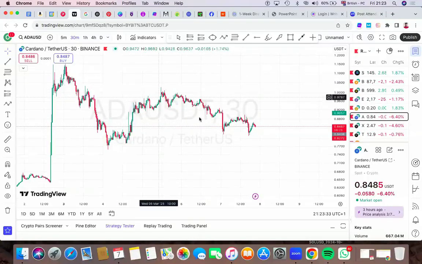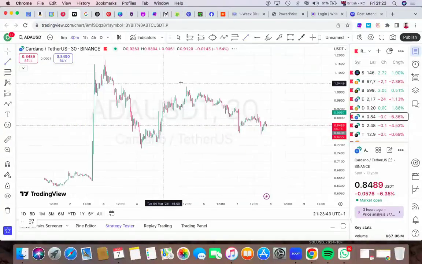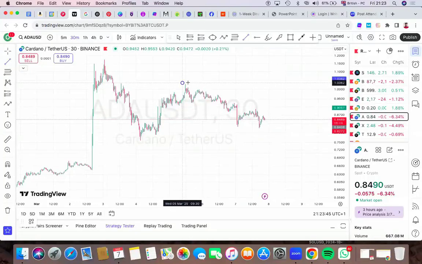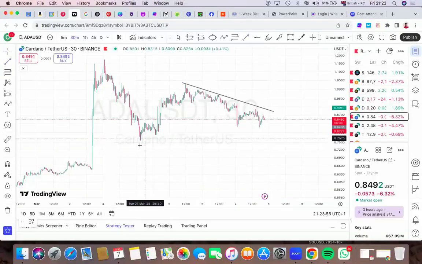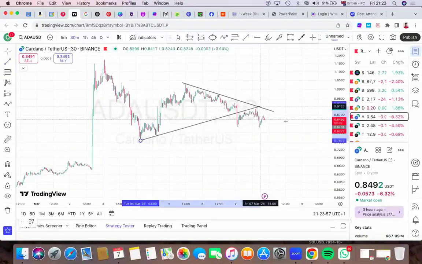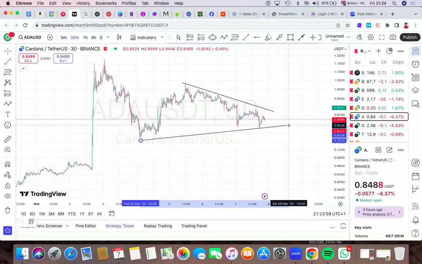Okay, so this is a typical example of a symmetric triangle as well. We have this here, and then we have this here as well. You can see.